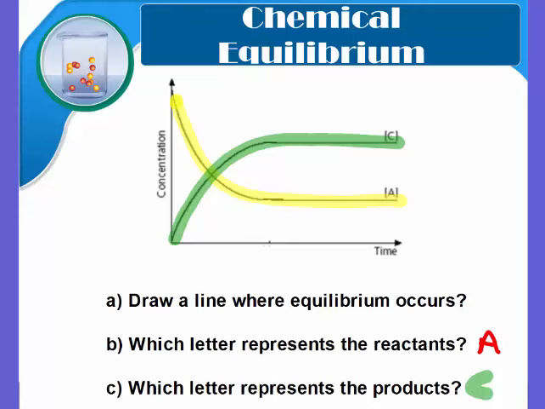And remember that we said equilibrium occurs when the concentrations are no longer changing. So equilibrium occurs around where the red line is. Notice my concentrations of products and reactants are staying constant.